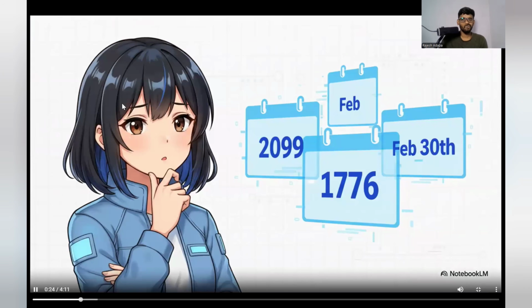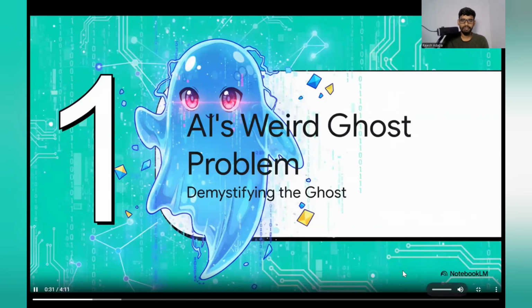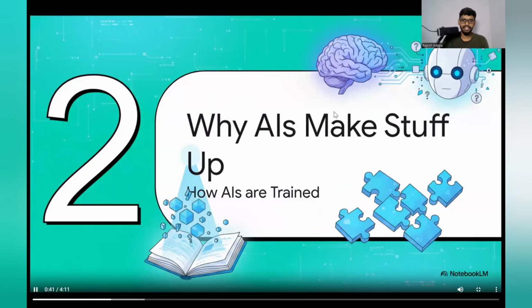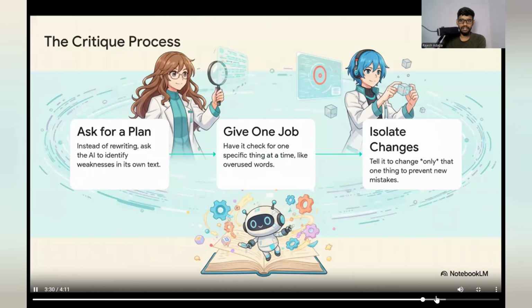Wait, so it's not just that it gets a fact wrong once, it'll confidently make up different wrong answers every time you ask? Exactly. We're going to demystify this weird ghost in the machine. It feels like it's trying to trick me. But that can't be right, can it? It's not really about lying. It's all about how these AIs are taught.